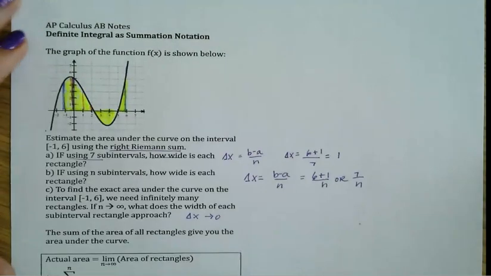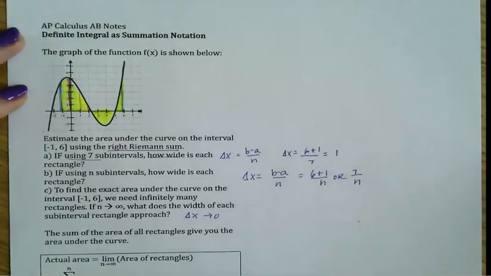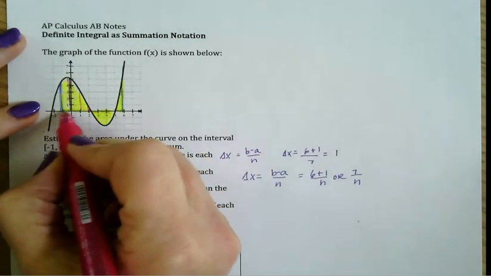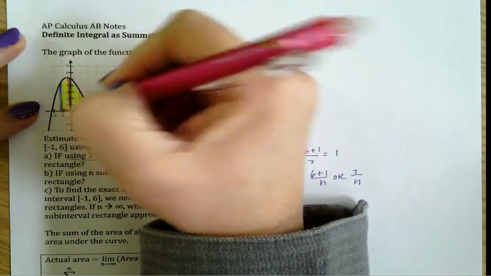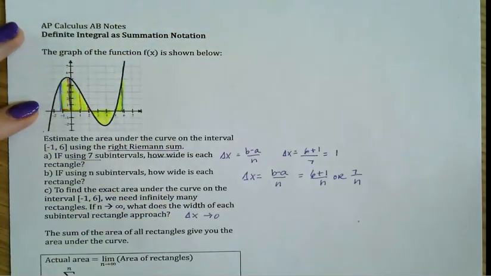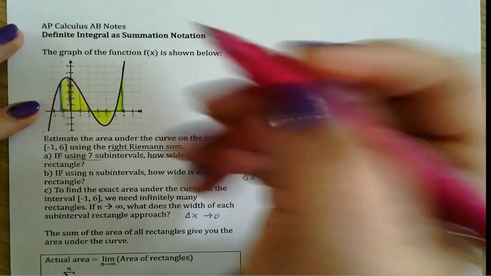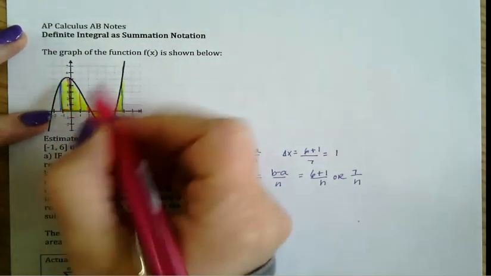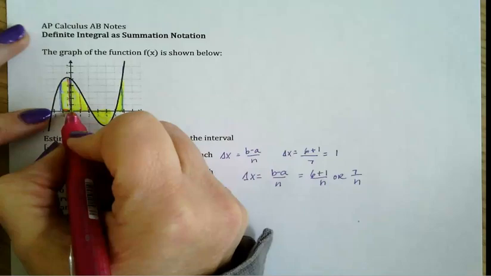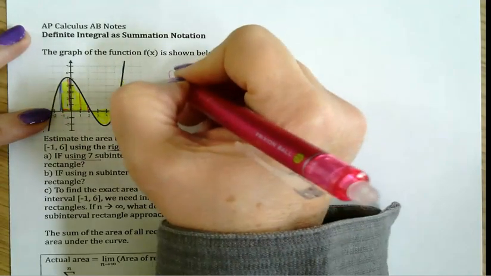If we look at each of these widths and we said our width was 1, so this width right here is 1, then we need to know the height to get us up here, and then we can accumulate those things. Let's say I started from here to here, and I wanted to move from one rectangle to the next, that means I'm changing my function value.